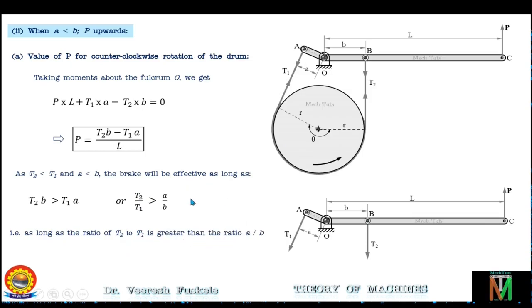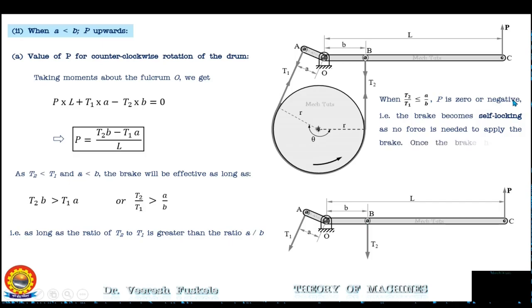Now what will happen if T2B becomes less than or equal to T1A? In that case P will be either negative or 0, so the brake will be a self-locking brake. So when T2 by T1 is less than or equal to A by B, then P is 0 or negative.